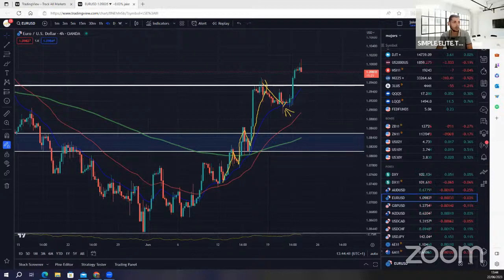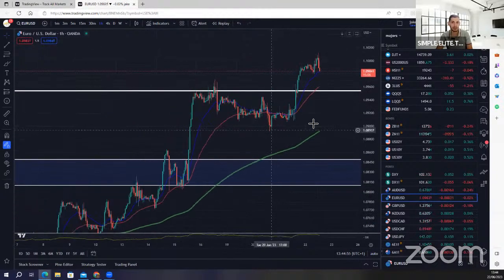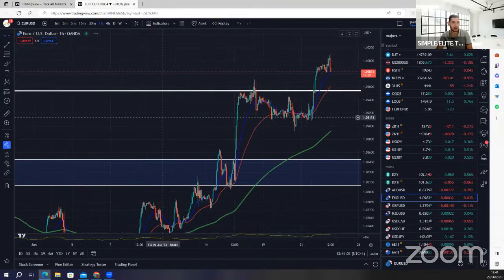You can see the uptrend, and price action as well is confirming the direction. So 1 hour time frame. I took the trade as a breakout on this level here.